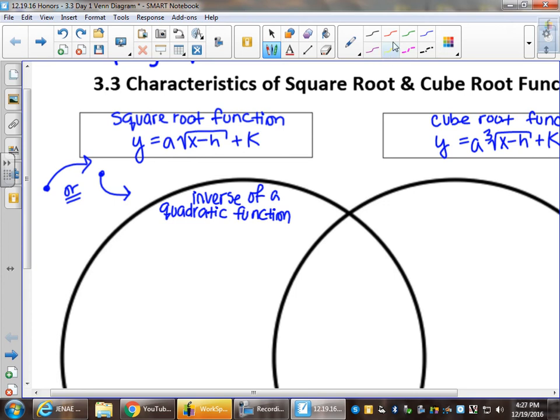And if we think of the shape of a quadratic function, they are like so, these U parabolic shapes. Now, the reason why these look like a piece of a U is because we only graph the top or bottom to keep it a function.